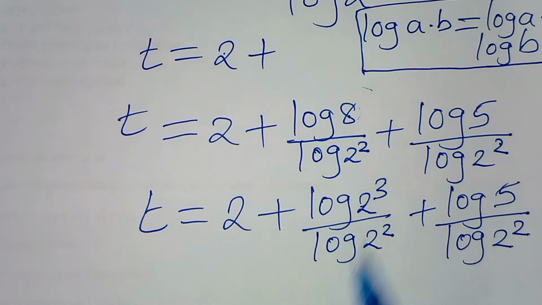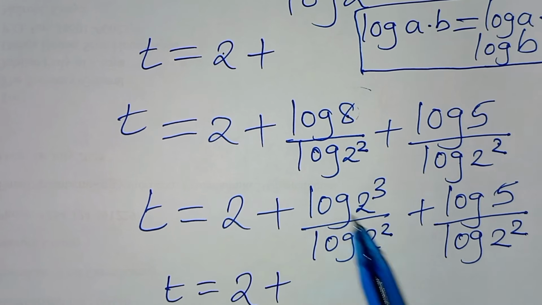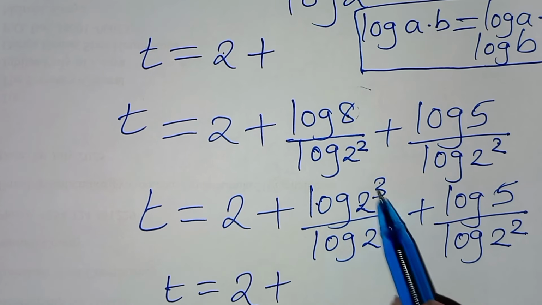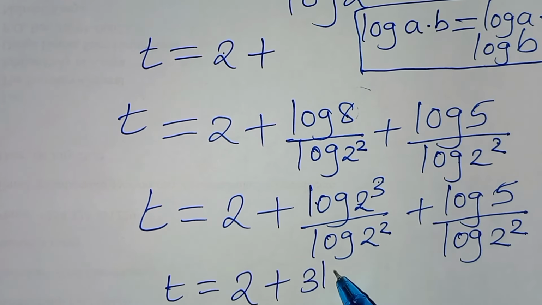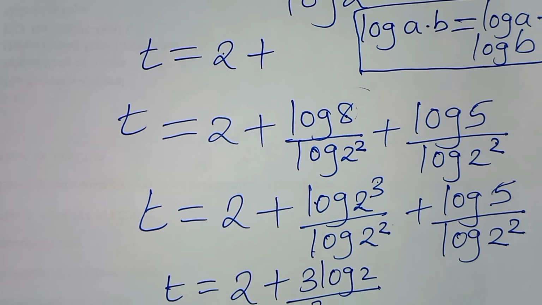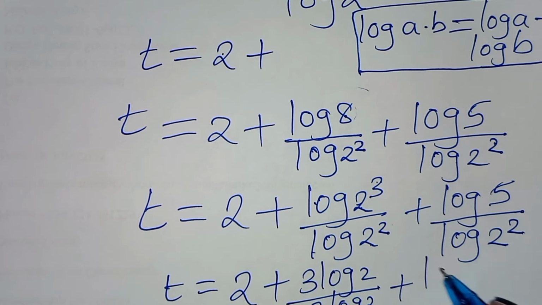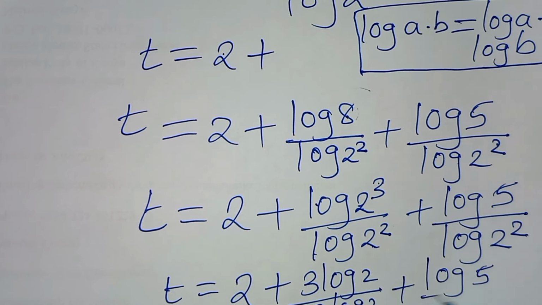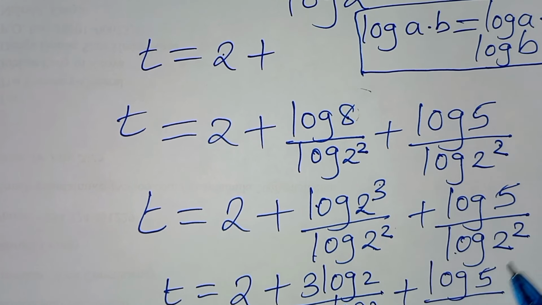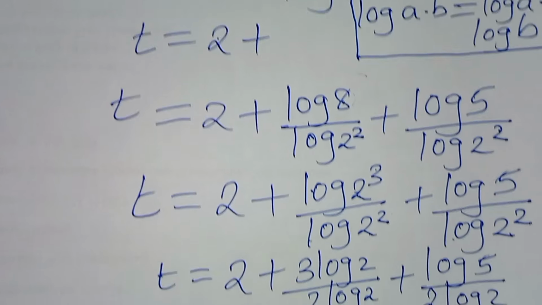Now the next step, t equal to 2 plus log 2 to power 3, applying the power rule property, this becomes 3 log 2 divided by log 2 to power 2, and log 2 to power 2 is the same thing as 2 log 2, plus log 5 divided by log 2 to power 2, which can be expressed as 2 log 2.